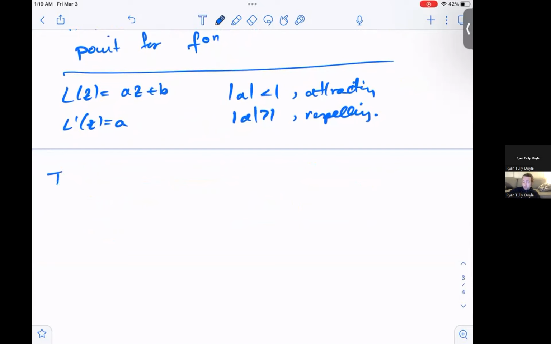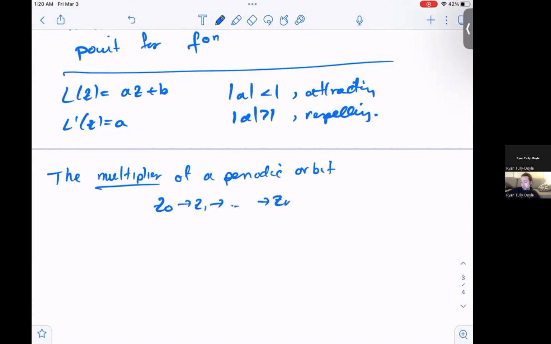So the multiplier of a periodic orbit z naught, z1, up to zm, which is equal to z naught, is defined to be, we're going to use the number lambda to stand for the number that we're going to compute.